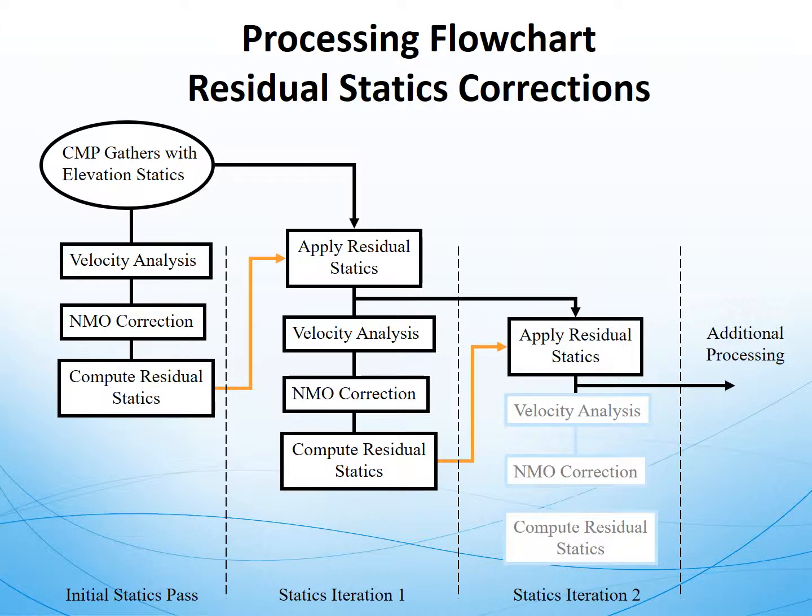Once you apply residual statics, we do the second velocity analysis, NMO correction, and we compute again. Next, we apply the residual static to the original data set, and we do the same process all over again until we find the minimum residual statics value.